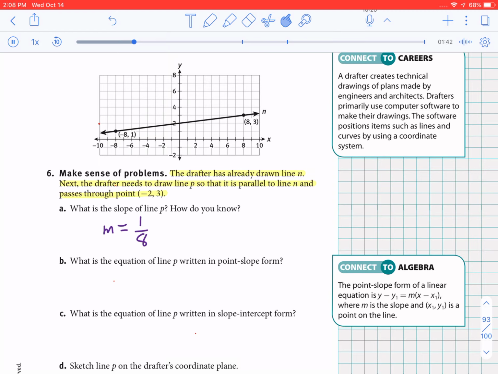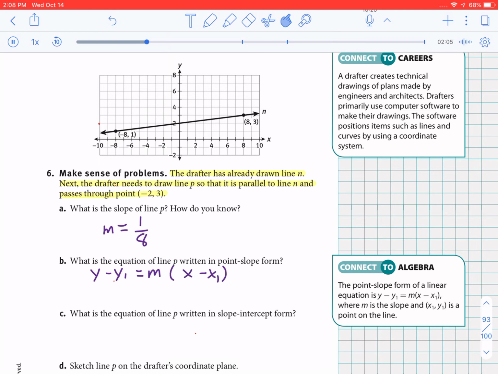And then part B says, what is the equation of line P written in point slope form? So we just did one example of point slope form. So I'm going to start by simply writing what point slope form is. y minus y1 equals m times x minus x1.